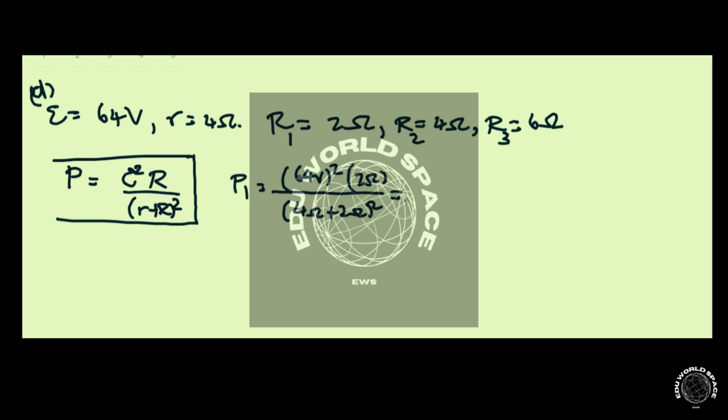And that's equal to 227.6 watts. And P2, so that's when R is 4, so you have 64 volts squared, 4 ohms over (4 ohms plus 4 ohms) squared.